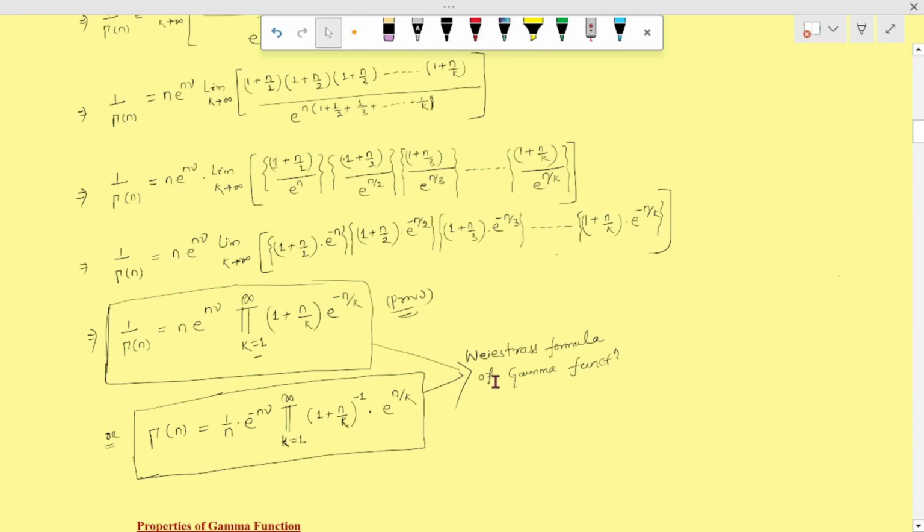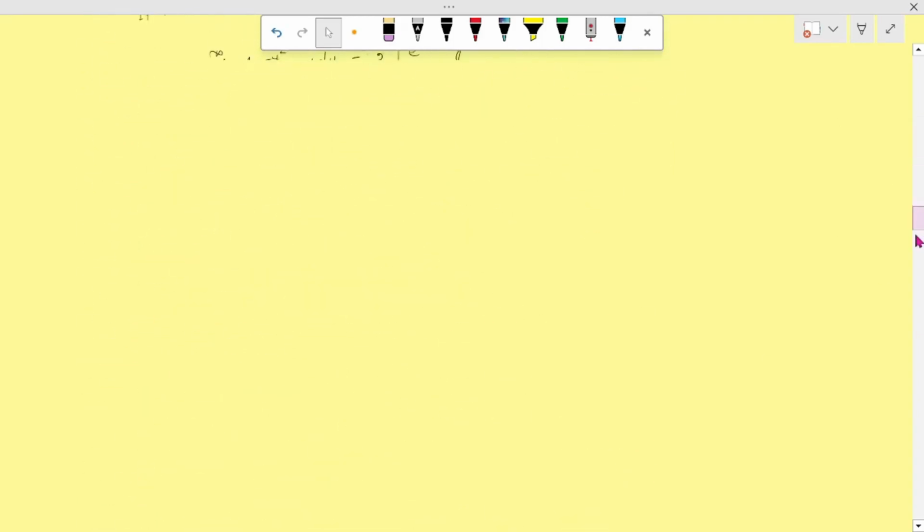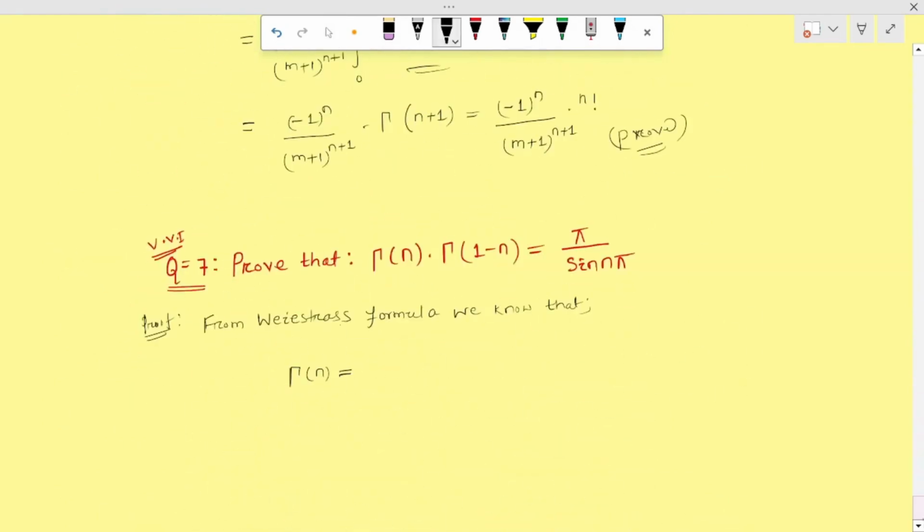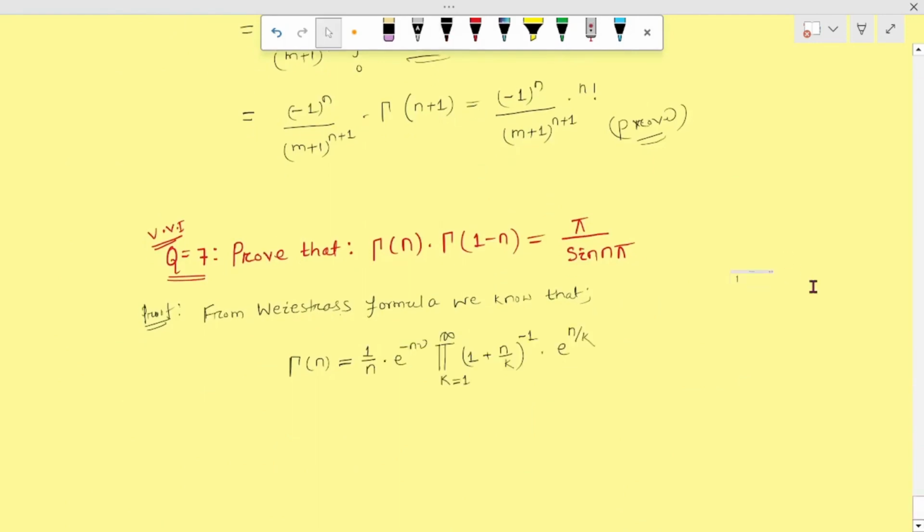Same thing I am going to write over there: 1 by gamma n equals n e to the power gamma n times the product from k equal to 1 to infinity of (1 plus n by k) to the power minus 1 into e to the n by k.